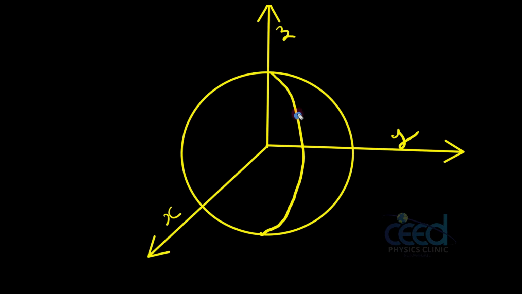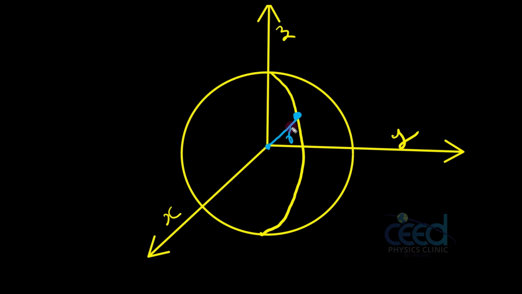How can I locate this point? That is what we are going to check now. To locate this particular point I need three parameters. If I draw a line from the origin to this point, I can call it the position vector r.